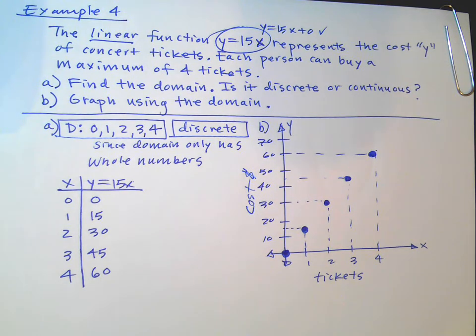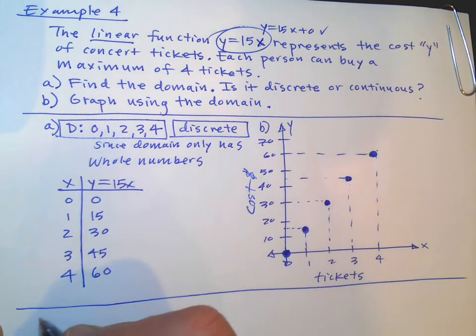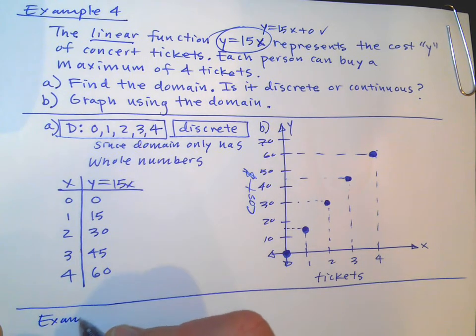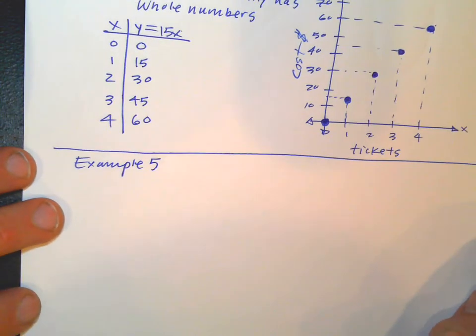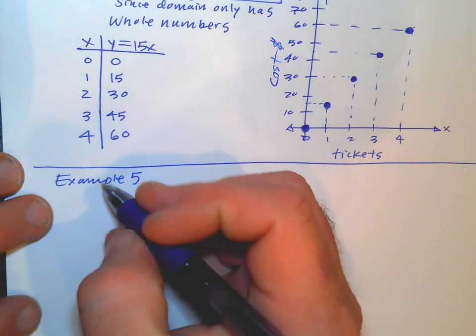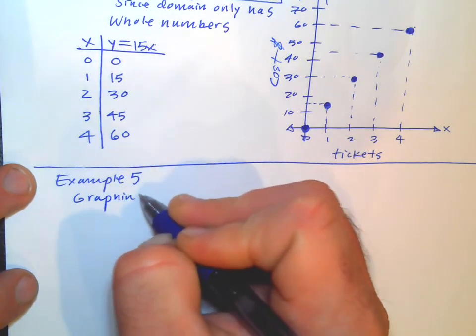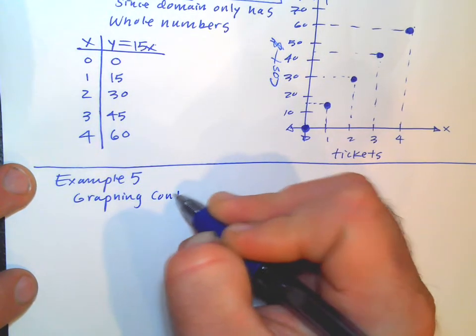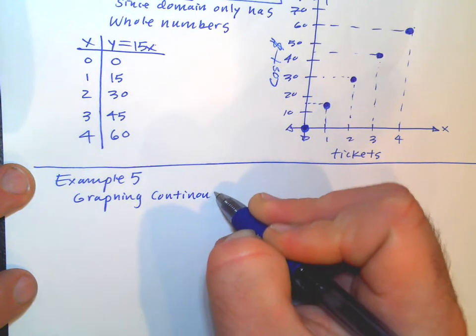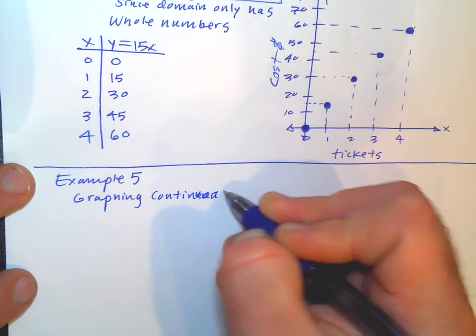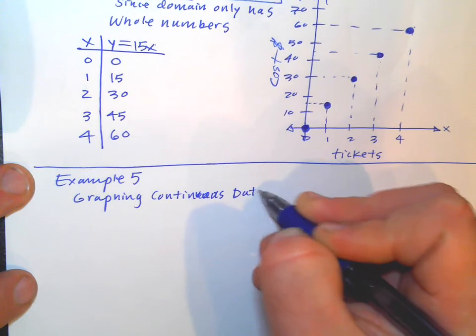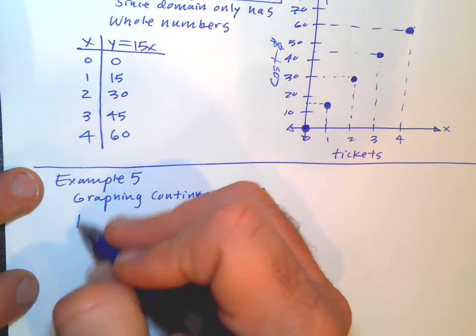Now, what I want you guys to do for the rest of your notes, so this is going to be part of your notes to get credit for your notes. Example 5 is a continuous example application, and I'm going to have you just look in the book, and it's called Graphing Continuous Data, and it's on page 115.